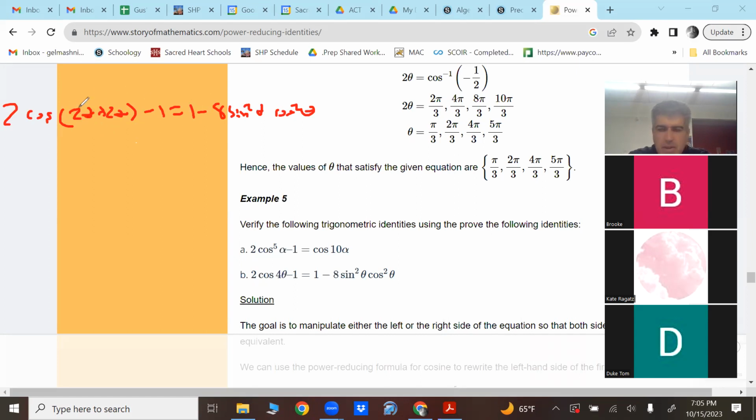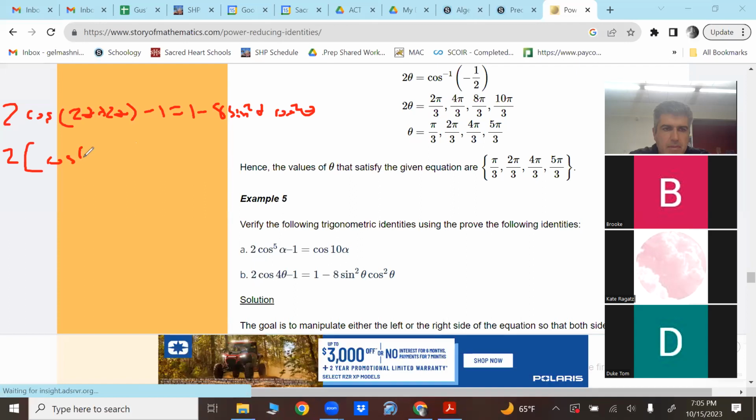Or no, sorry, not do that. I was thinking of a sine equation. Yeah, then you could do the sum difference formulas. And then you could convert those.